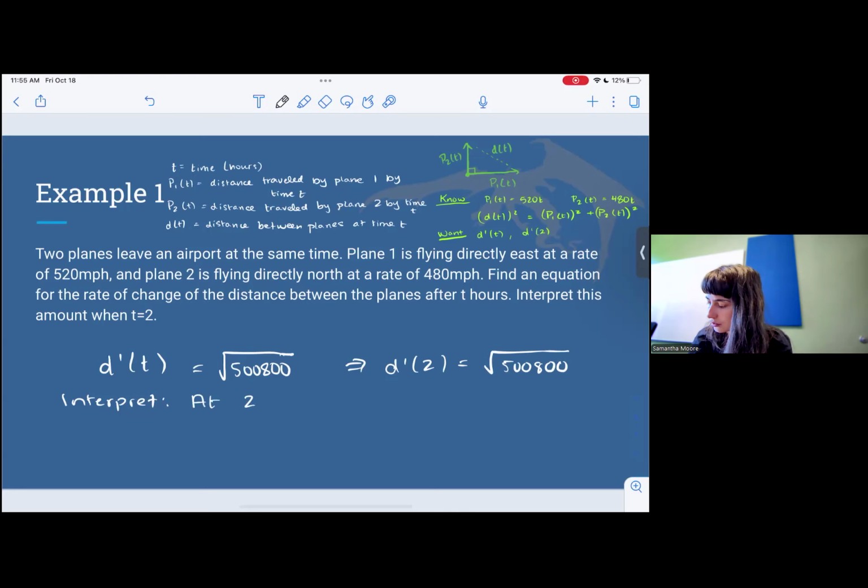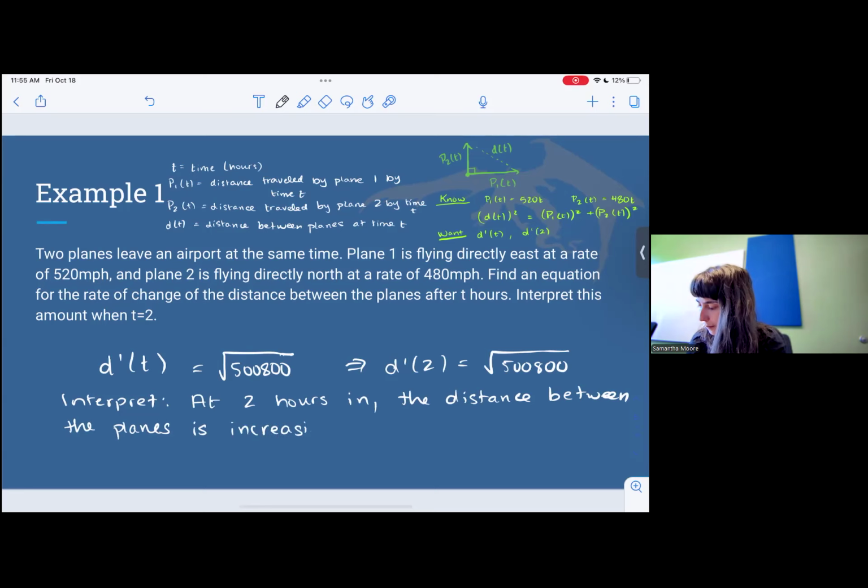So at 2 hours in, the distance between the planes is increasing by this many miles per hour, since it's a rate.